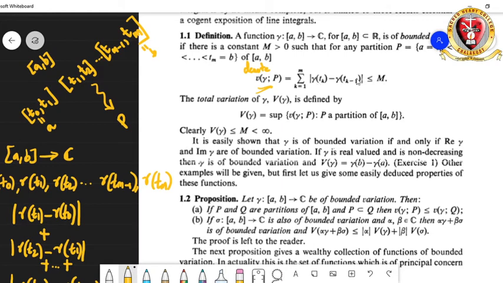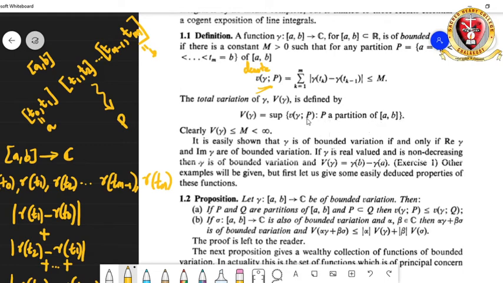So if this sum is less than or equal to M, we can say that the function gamma, which we define from the closed interval [a, b] to C, is of bounded variation. We also call the total variation of gamma, defined as V(gamma), the supremum of all such V(gamma, P) where P is a partition of the closed interval [a, b].